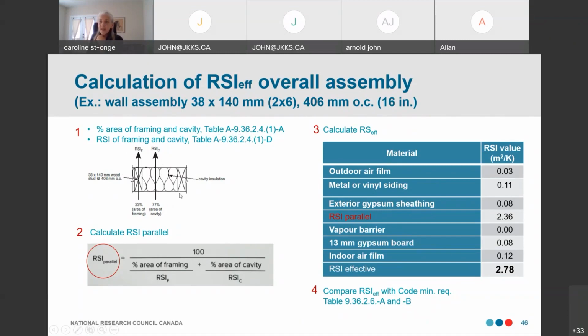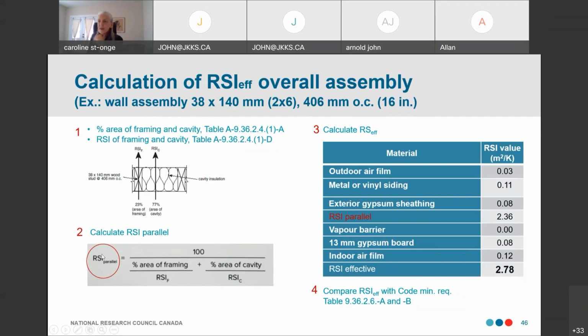When you have these data, you have to fill in the blanks in this equation to calculate the RSI parallel. Percentage area of framing over RSI of the frame, the wood, plus percentage area of the cavity, so the percentage that you get from this table, over the thermal resistance of the insulation within the cavity.